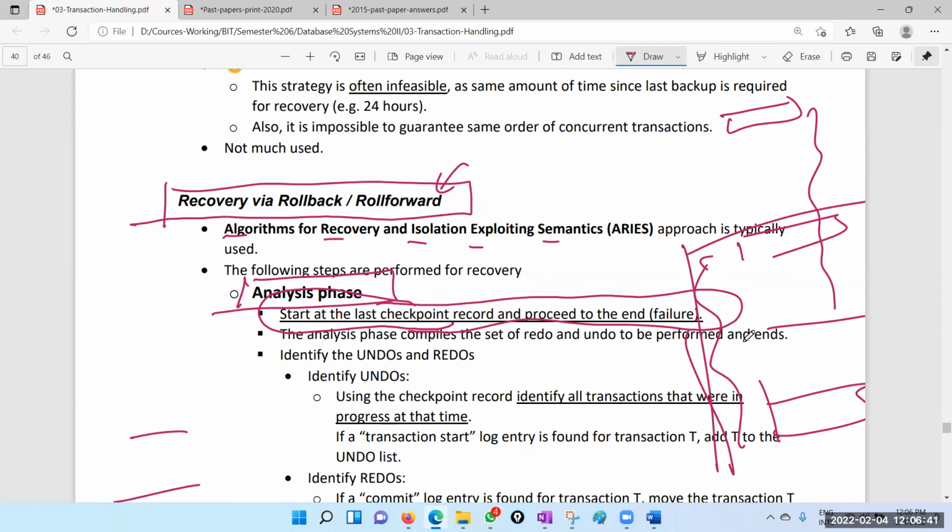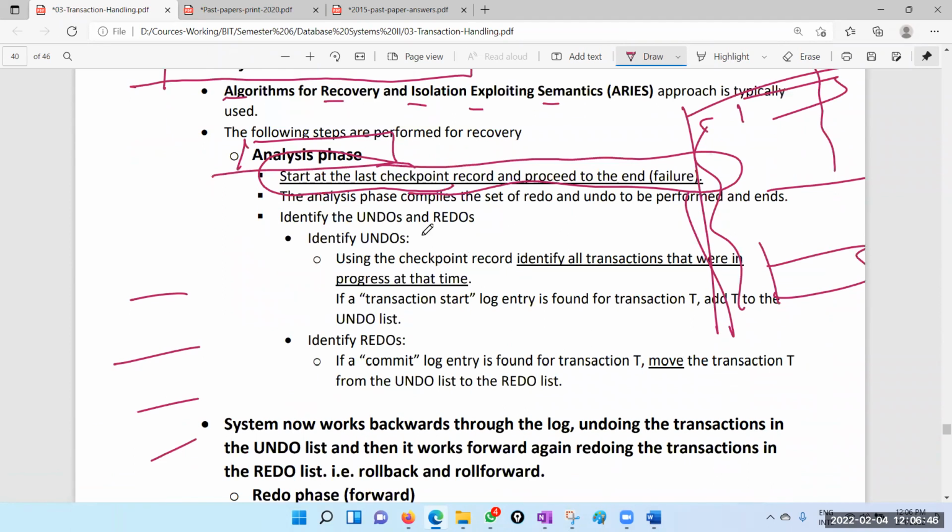Okay, right. So in the analysis phase, we start at the last checkpoint's record and proceed to the end or the failure. We start from the last save point, and after some time there's a failure. Of course, when there's a failure, there's no record saying failure. All of a sudden, the transaction log has finished.